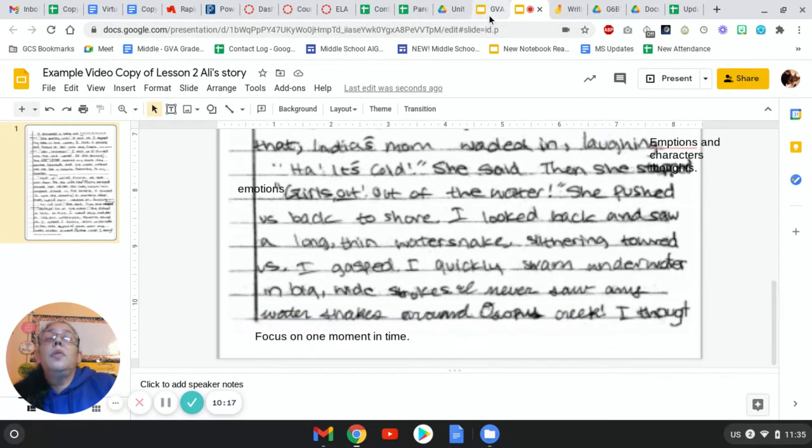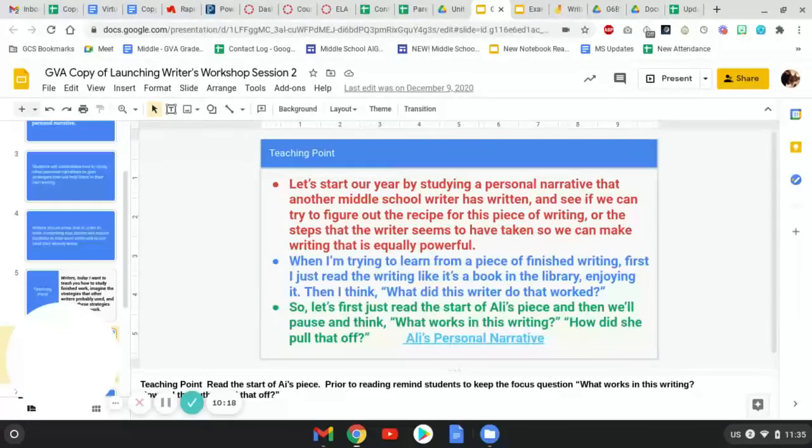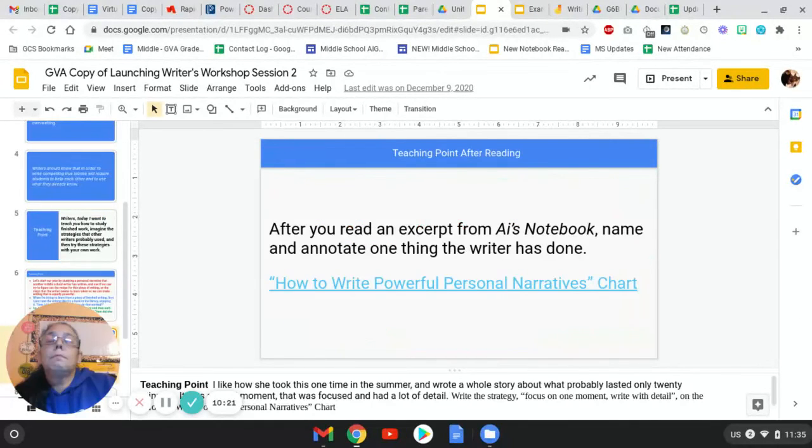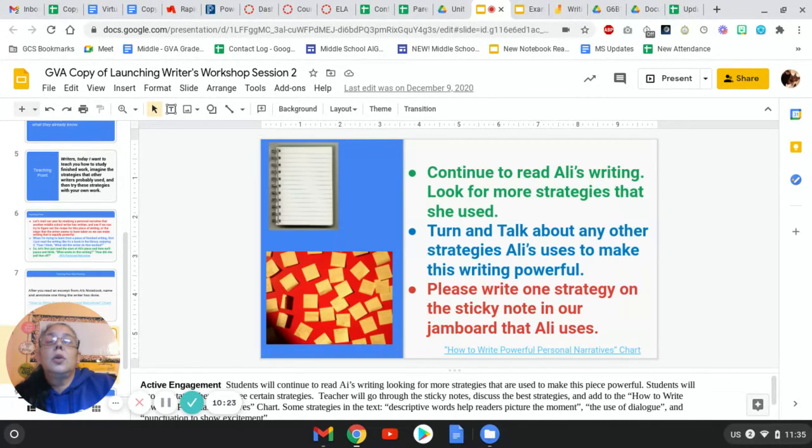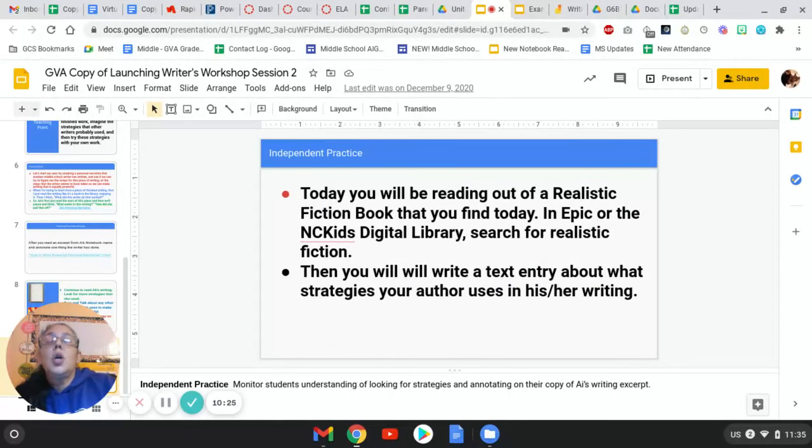So we're going to move back over here. Went over that. So in your work for today, you're going to be reading out of a realistic fiction book. All right, you need to find a realistic fiction book by typing into search in either the Epic North Carolina Kids Digital Library or a realistic fiction book of your own. A realistic fiction book is a piece of writing where things could really happen in the book.